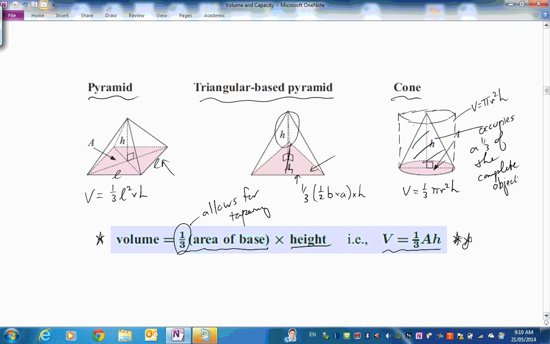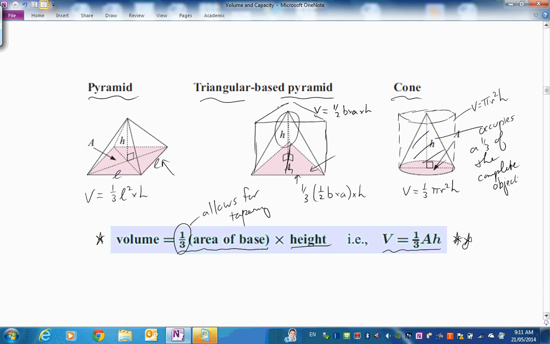Complete the whole cone here, for example. What would be, hang on, let's get this right here. It would be like this, and that whole triangular prism, for example, would have the volume of half base times altitude and then times the height.